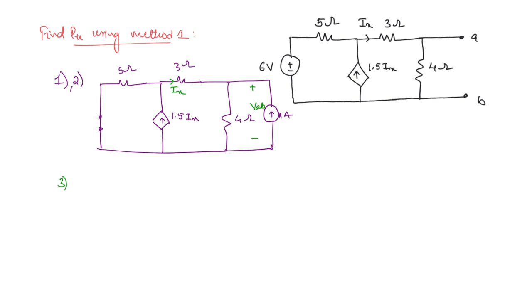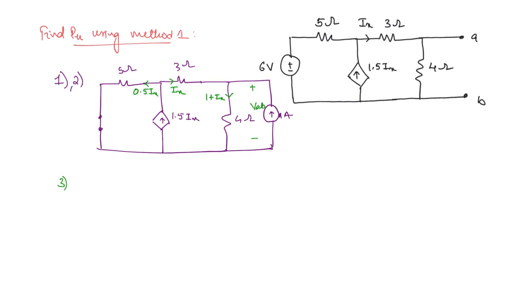If you apply KCL at this node, 1.5 Ix is flowing here and Ix is flowing here, so the current should be 0.5 Ix in this direction. At this node, you have 1 ampere flowing like this and Ix flowing like this, so the current through 4 ohms is going to be 1 plus Ix.